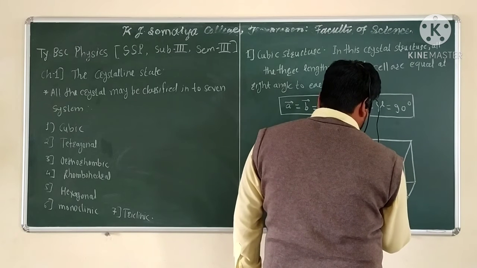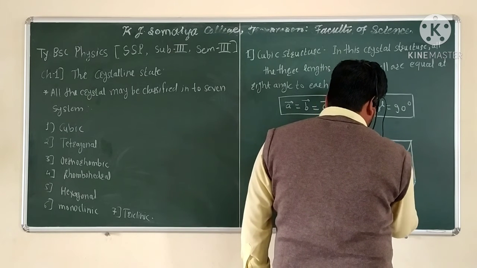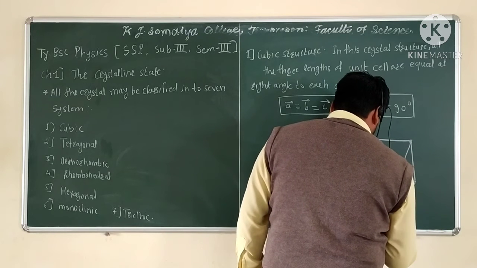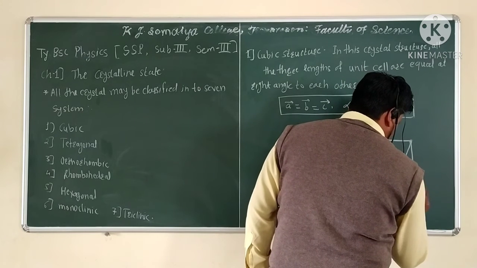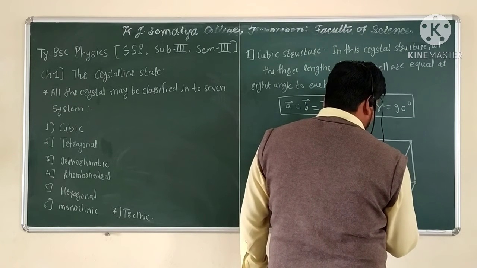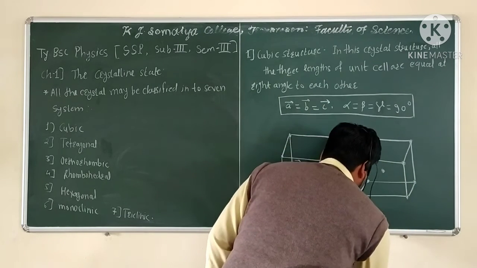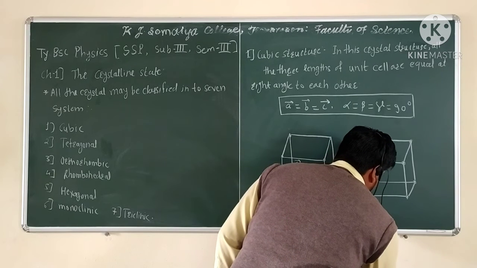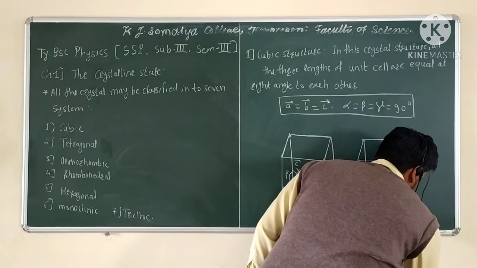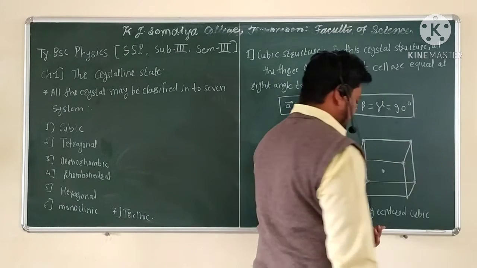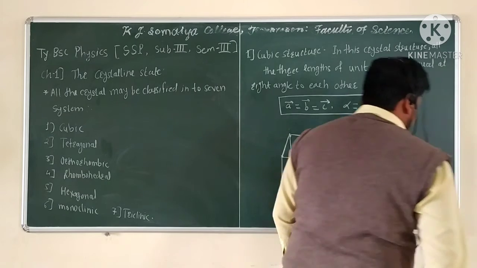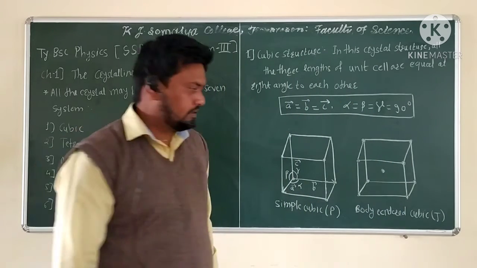The lattice points are situated on the corner of each, and one point at the center. That structure is known as the body centered cubic structure, the BCC structure, and it is denoted by I.